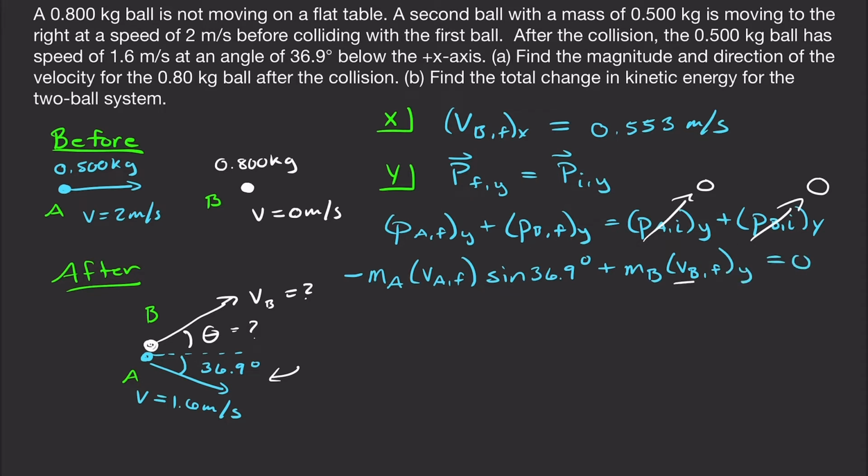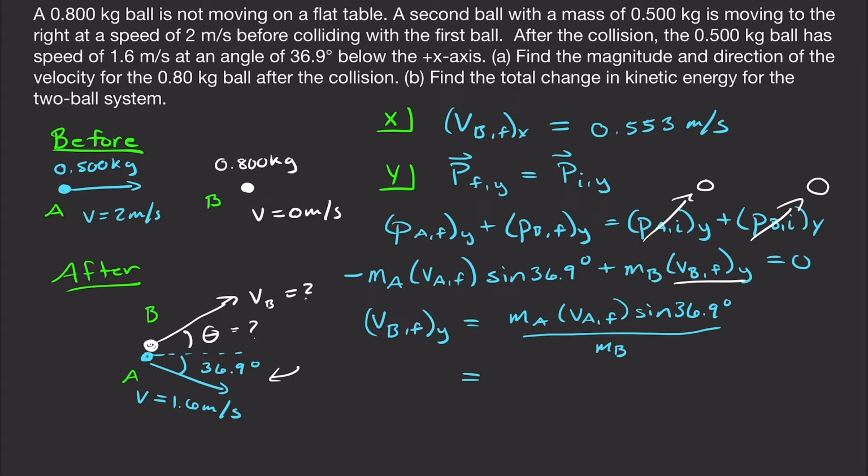So now we can solve for our y component. So this is going to be VBFy. We're going to move everything over, so we'll get plus mA VAF sine 36.9 degrees all over mB.